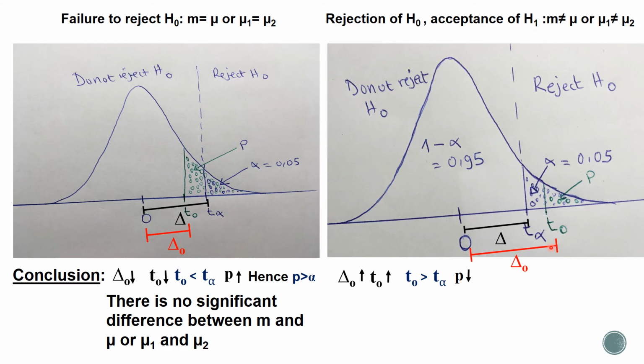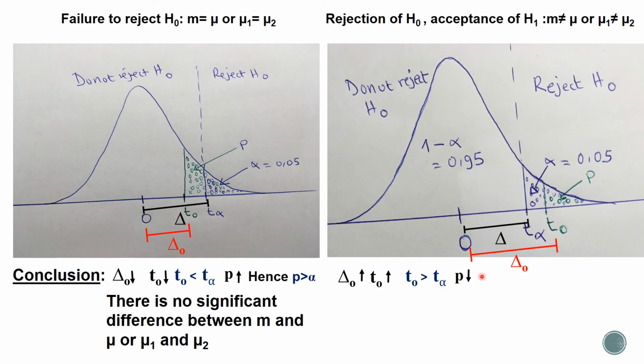Then since the observed statistical value is inversely proportional to the p-value, it means there's a lesser chance of... that's to say if this difference is very large, then there's something actually responsible for this difference other than the random sample error.